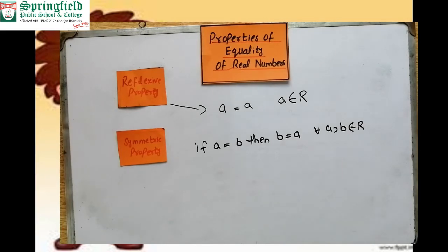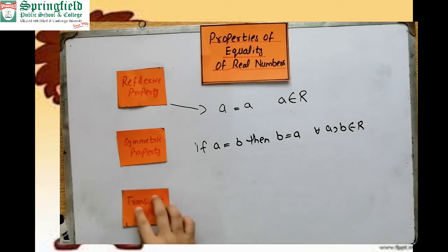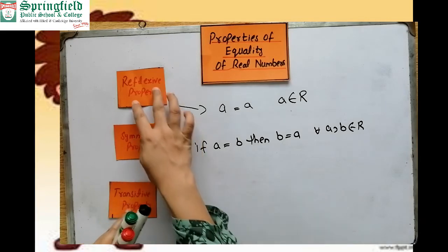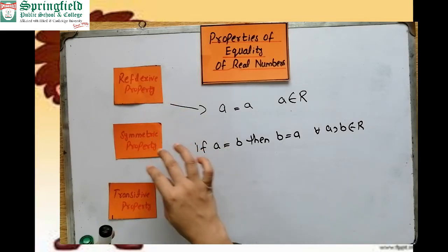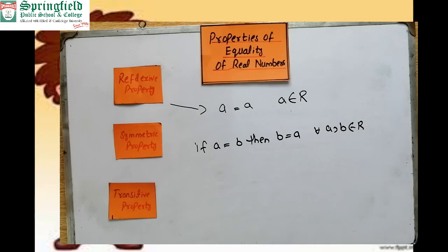The third property is the transitive property of the equality of the real numbers.